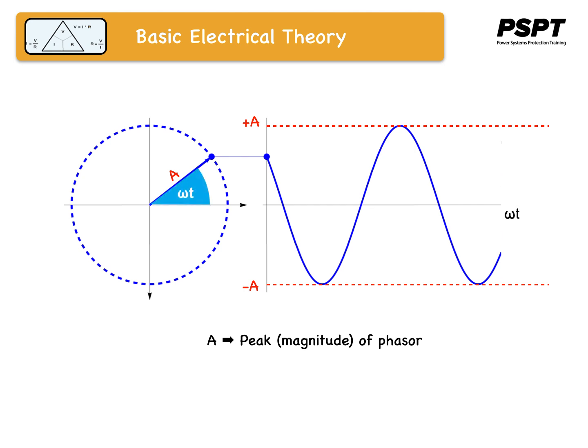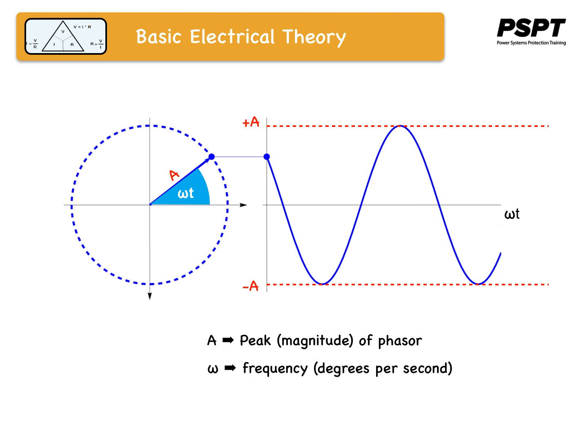I'm going to call that angle omega t for now. It could be in degrees, it could be in radians. It doesn't matter as long as we maintain the same dimensional quantity. For now, let's assume that it is in degrees. So the phasor A forms an angle of so many degrees, which is equal to omega t.